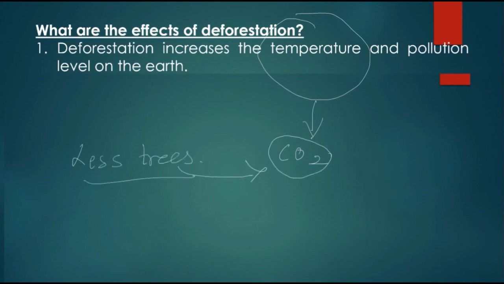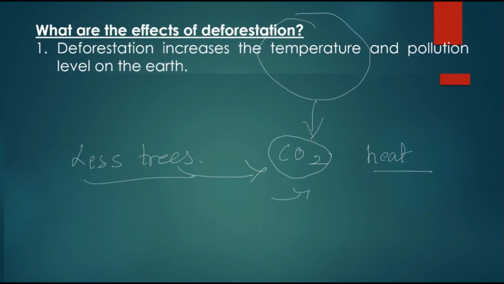So fewer trees, more carbon dioxide in the atmosphere, because it is the trees which are absorbing carbon dioxide for their photosynthesis. So more carbon dioxide results in higher temperature because carbon dioxide has a property to hold the heat within it. So that increases the temperature of the atmosphere.